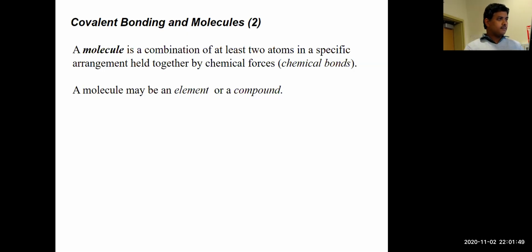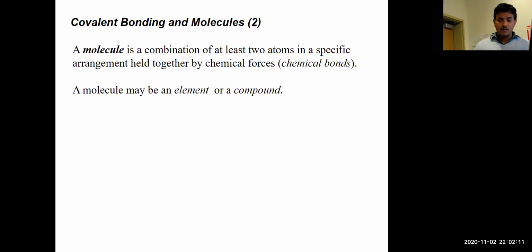All right. So when we say molecule, we can easily say that we are referring to covalent molecules. We reserve the word molecule for covalent molecules, and for ionic compounds we use the word formula unit. So when we say molecules casually, we are trying to say covalent molecules from now on.